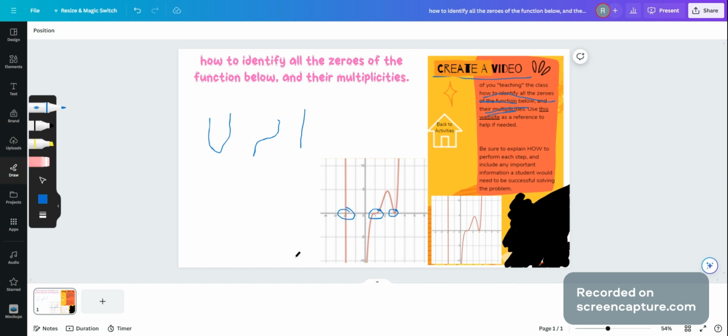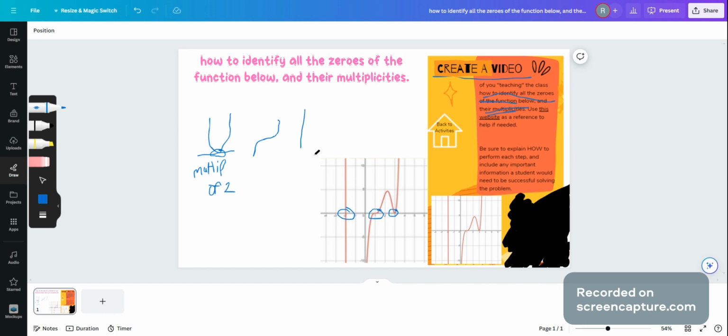Basically, when you have a U shape that bumps the x-axis, you'll have a multiplicity of 2. Even though it looks like it's touching it only one time, there are 2 different roots in here. Okay, we have a multiplicity of 2.